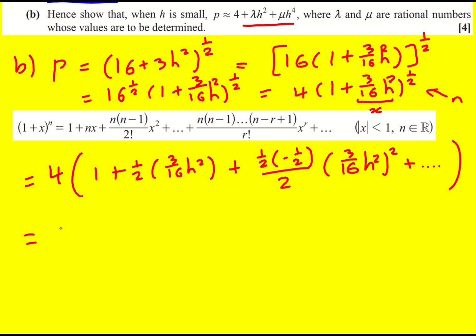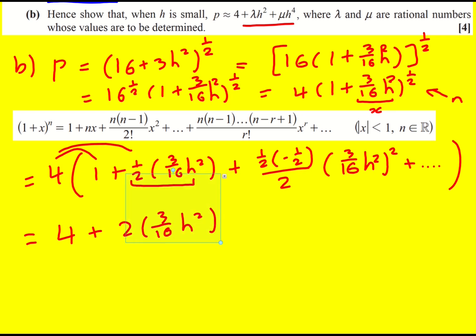Okay, let's tidy this up. I actually think it's best to multiply through by the 4 as we go. So 4 times 1, 4 times a half is going to give us 2 times 3 over 16 H squared. Otherwise, I'm going to multiply these fractions and then times by 4. I think this is a good way to do it. Okay, and then the next one, I've got a 4, and actually that's going to cancel with this half and this half.